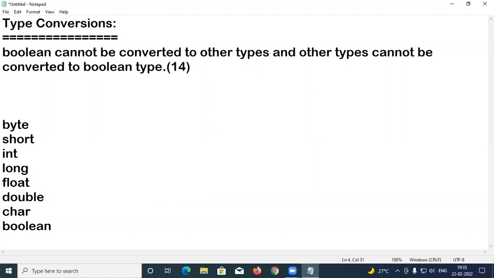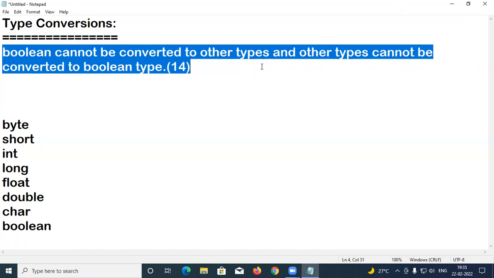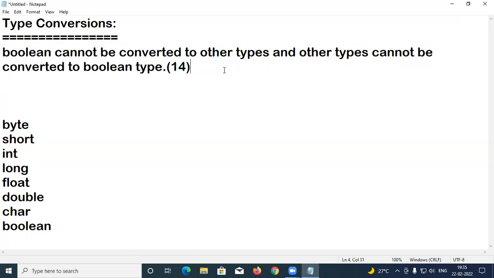Boolean cannot be converted to other, 7. Other cannot be converted to Boolean, 7. 7 plus 7, 14. Over. Okay. Write that point. Boolean cannot be converted to other types, and other types cannot be converted to Boolean type. Just that point, write it.